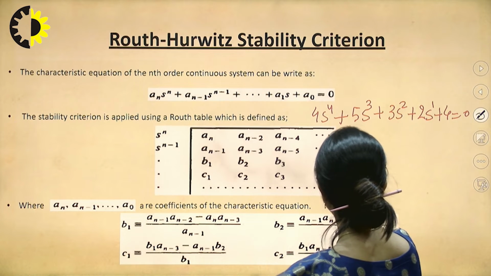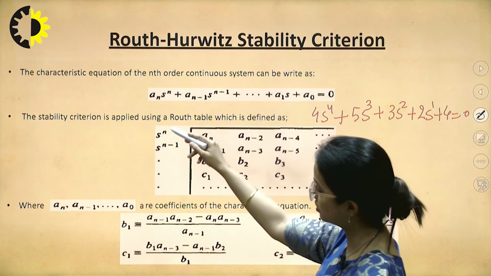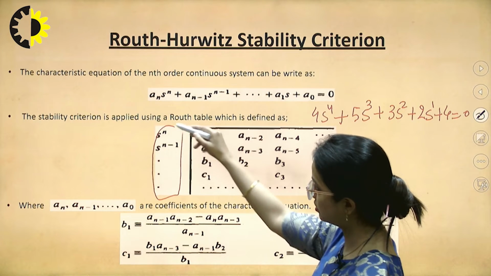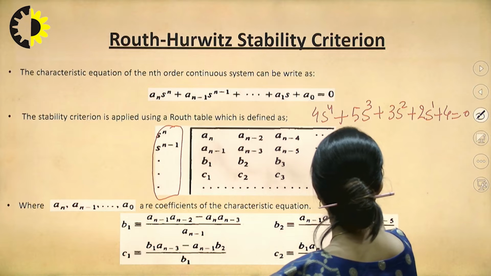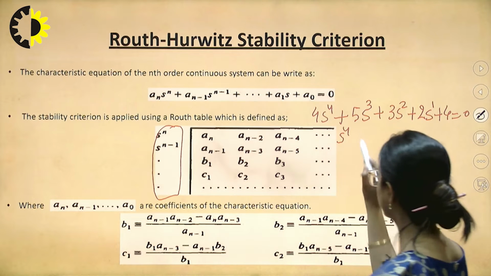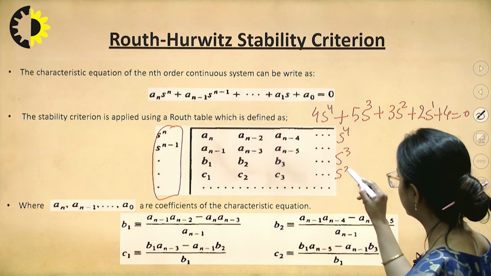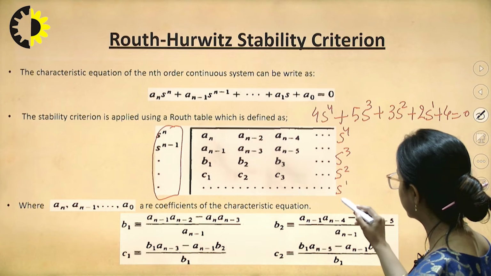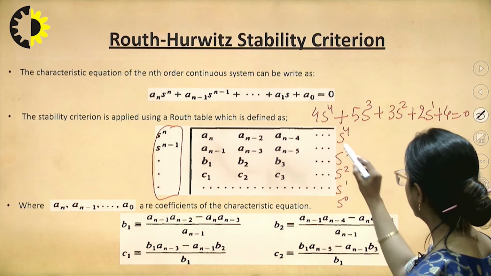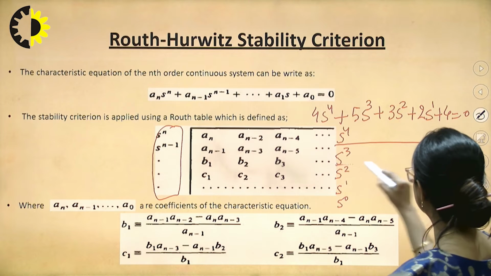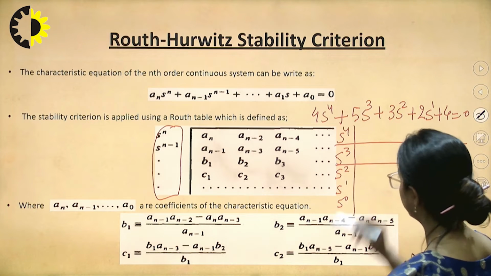Now we have studied that we have to construct a table starting from s to the power 4, s to the power 3, s to the power 2, s to the power 1, s to the power 0. And then we have to make this table out of it.